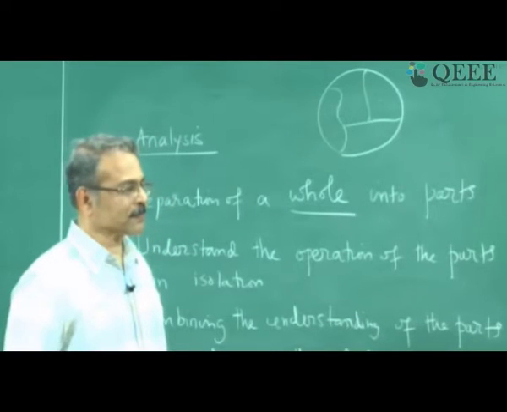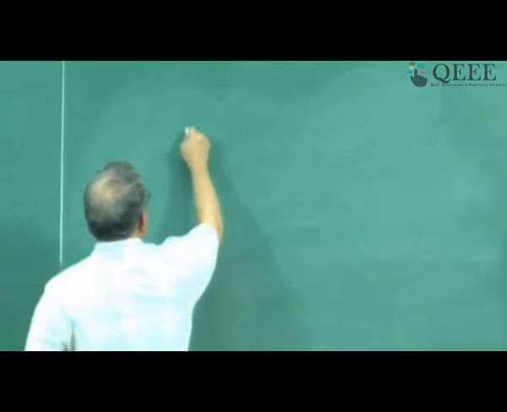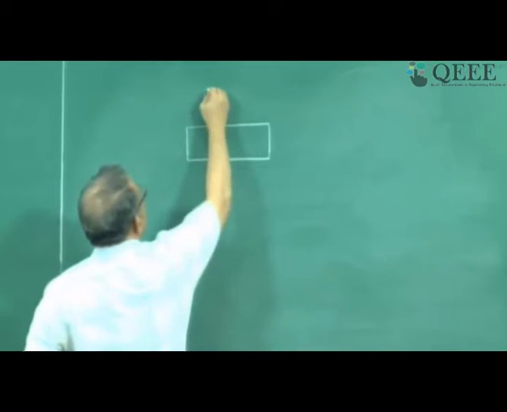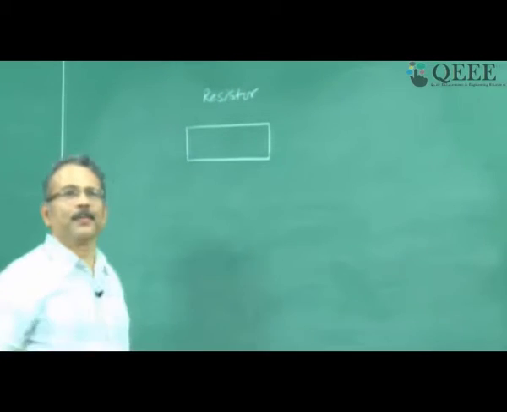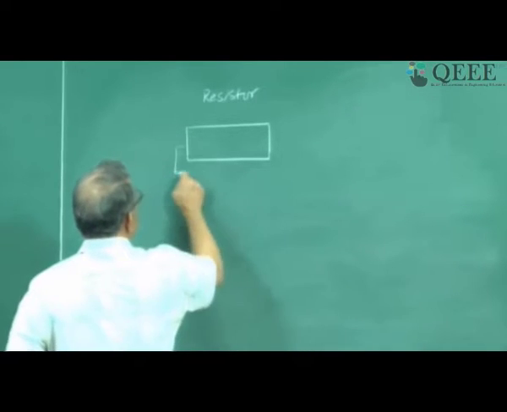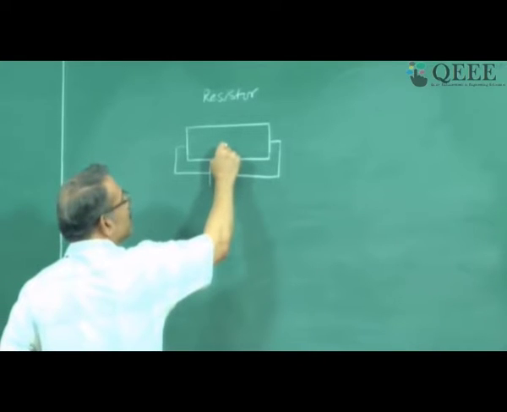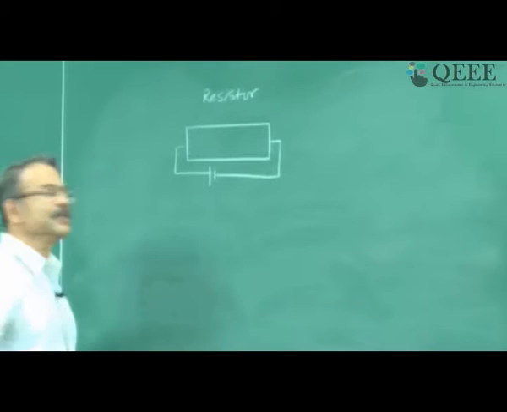Okay. Now let me give you an example of this. Suppose I take a simple resistor, and I apply a voltage. So there is a semiconductor block which has uniform conditions inside.